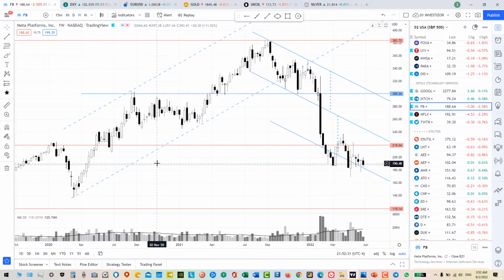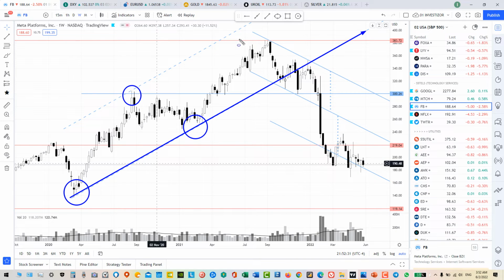Okay, so it's clear that once upon a time Facebook was in an uptrend. This uptrend was one time connecting higher lows and higher highs, and we can see here it failed to reach the channel line, and failure to reach the channel line was a clear sign of weakness.